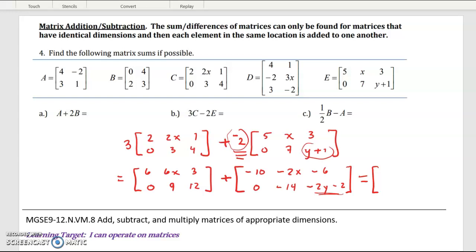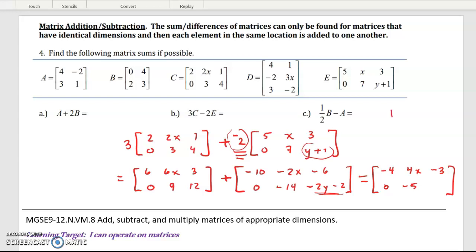So 6 and -10 is -4. 6x and -2x is 4x. 3 and -6 is -3. 0 and 0 is 0. 9 and -14 is -5. And then it gets a little weird. 12 plus -2y minus 2.